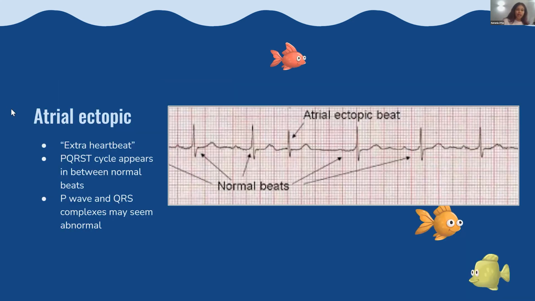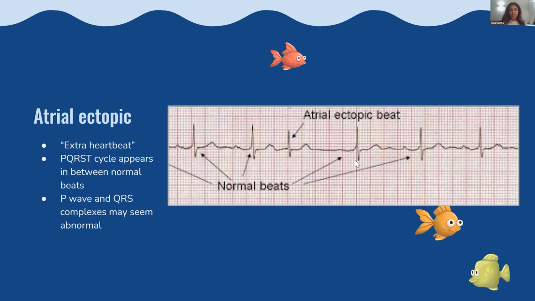Okay, moving on to atrial ectopic. Think of it like an extra heartbeat. The whole cycle of PQRST suddenly appears in between normal beats. As you can see here, this is your beat, a beat here, a beat here, have a look at it in terms of your R wave. Then this one here doesn't really look like the rest, and it doesn't look spaced out the same as the rest.